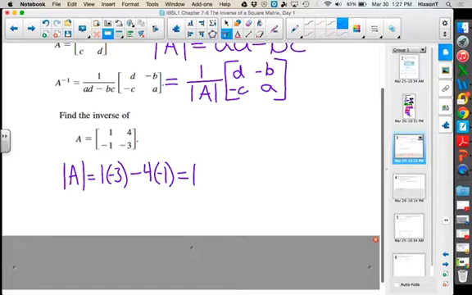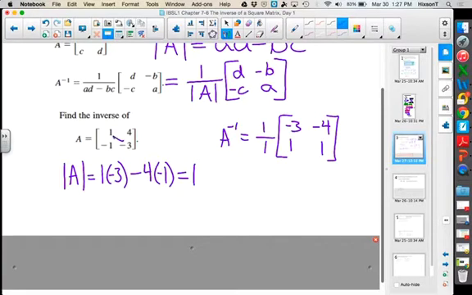So now, my inverse is going to be 1 over 1, just use the formula, times the matrix: negative 3, negative 4, 1, 1. Notice I switched the negative 3 and the 1 here.